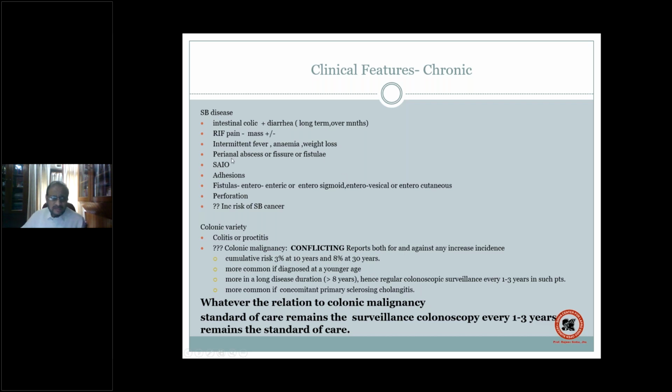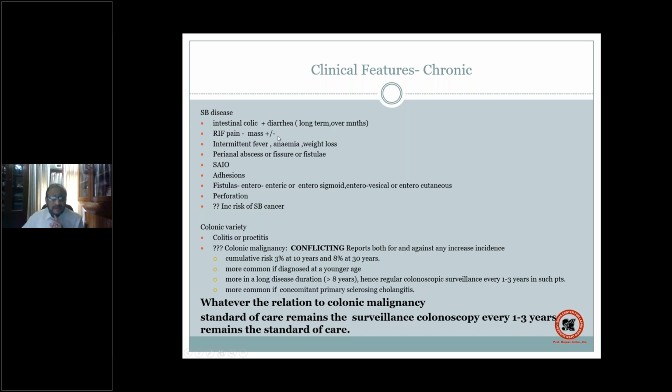When you talk about small bowel disease, there is intestinal colic with or without diarrhea, and it is long-term over months. So that is the chronic presentation we're now talking about. And these are the patients who present with chronic diarrhea, regular intestinal colic. If they come to you saying, I have had this pain in the perineum lateral region for the last so many years, and I am having diarrhea also.